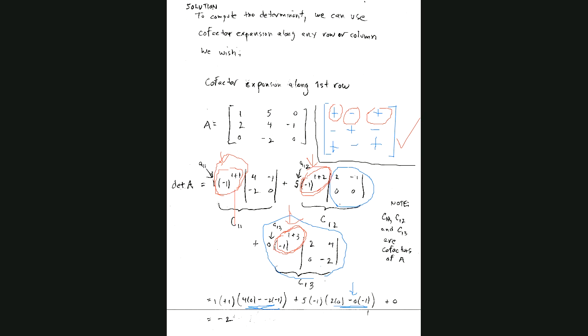You're doing it for all three of these things, right? Well, to save you from doing that, just keep in mind that where the 1 is, you're going to have a +1. Where the 5 is, you're going to have a -5 because there's a negative there. Where the 0 is, you're going to have a +0. That's all that is. It's just to save you from the worry of the -1 to the I plus jth power.